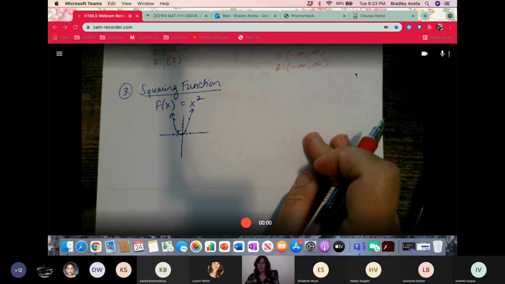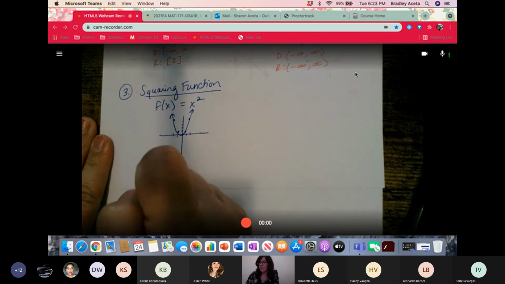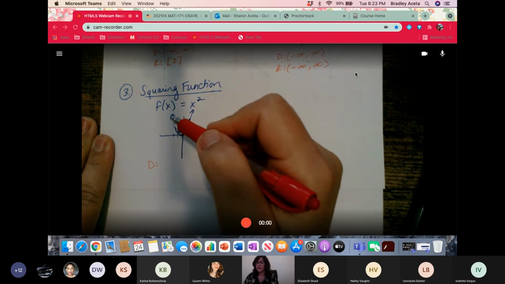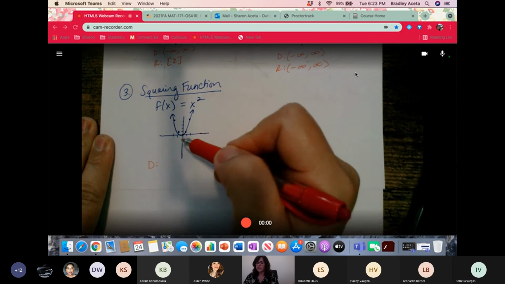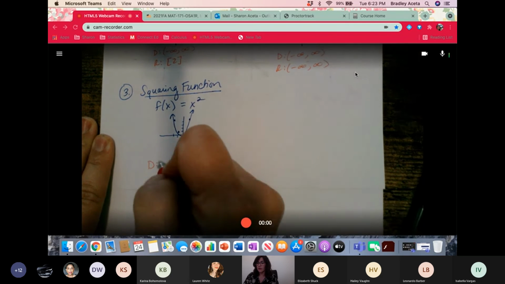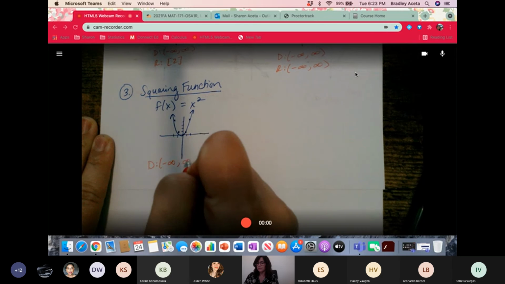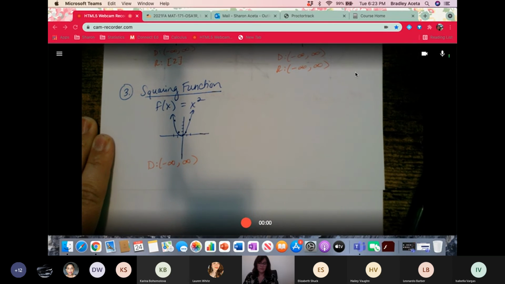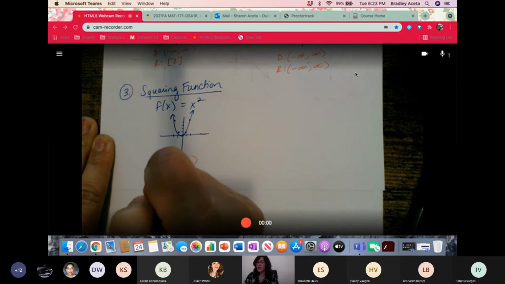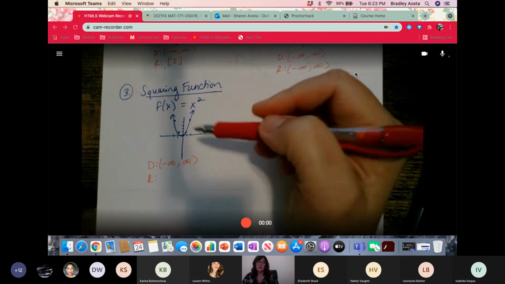So if I want to talk about the domain of this one, how wide is this thing getting? Again, along the x-axis, what x values can I plug in? I can plug in all of them. Negative infinity to infinity. The range, however, how tall is this thing getting?